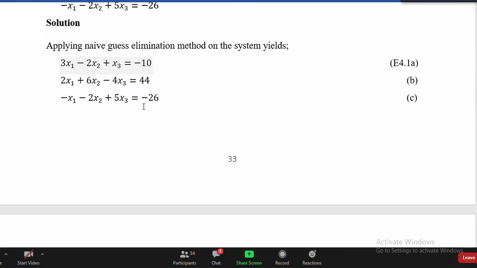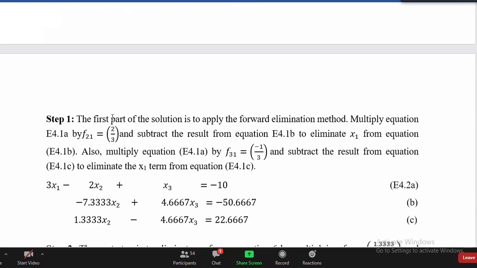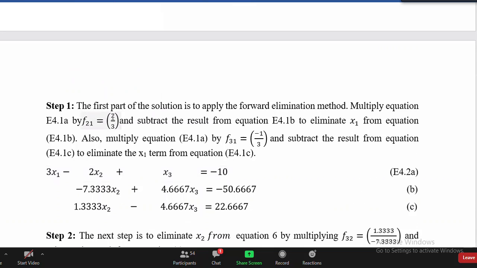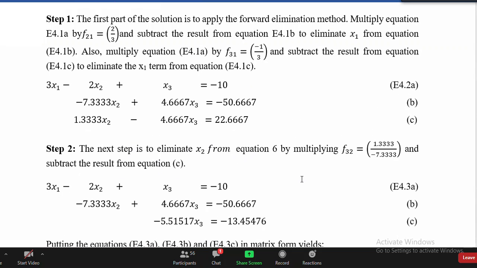We eliminate x2 here, and we have a triangular matrix. Okay, so that's all there is. F21 is 2 over 3. To eliminate x1 there, second line, third equation, we use minus 1 over 3. All right, minus 1 over 3. And we have this result. Want to do with this one further.